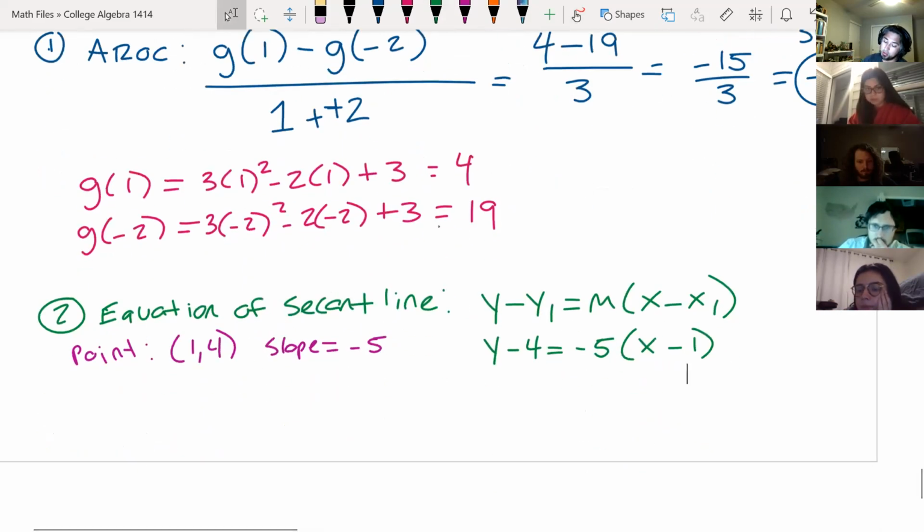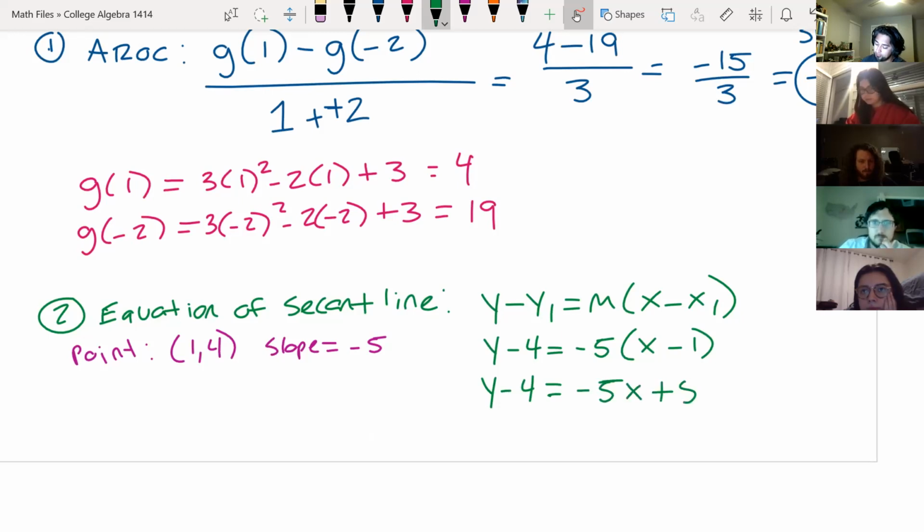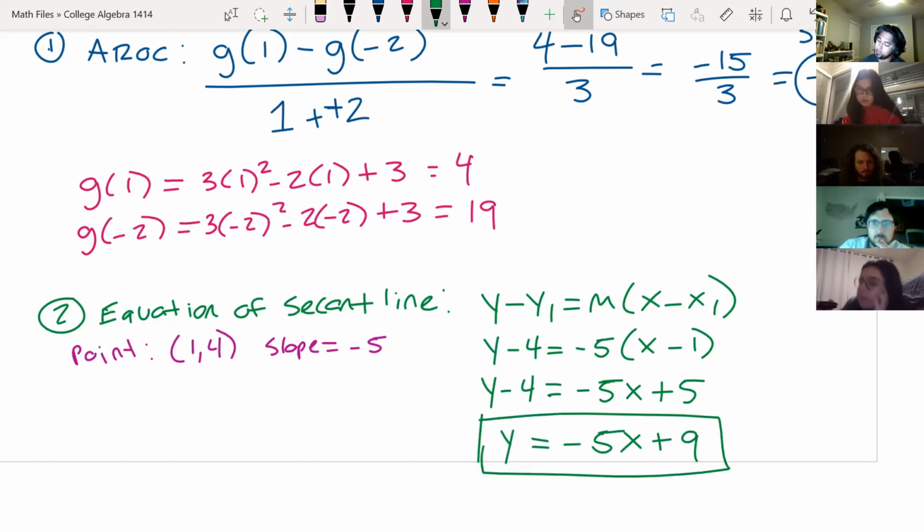And all I have to do is solve for y. y minus 4 equals negative 5x plus 5. Add the 4 over, and y equals negative 5x plus 9. This is the equation of your secant line.